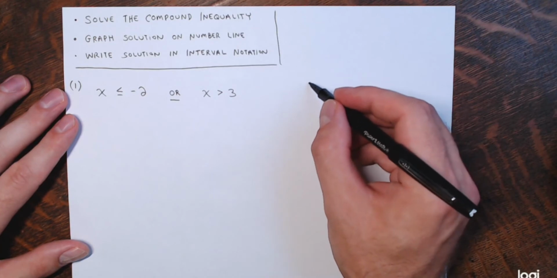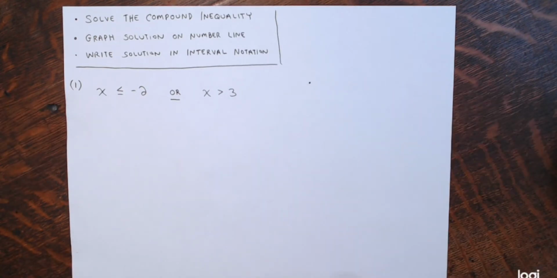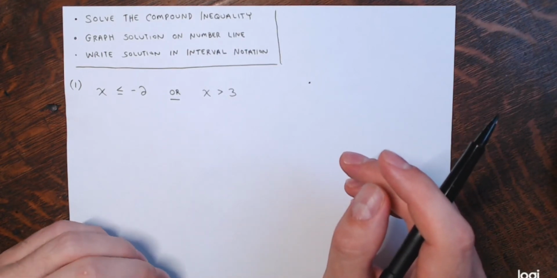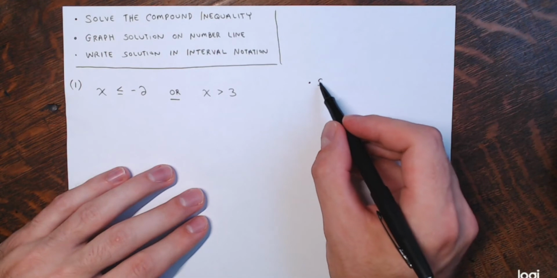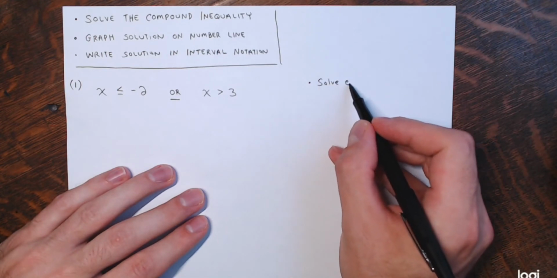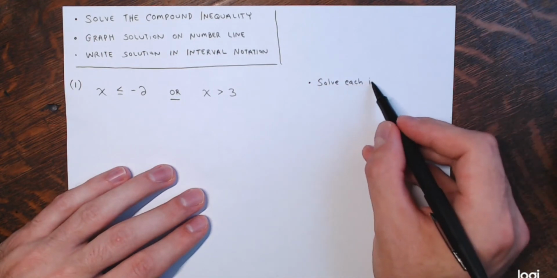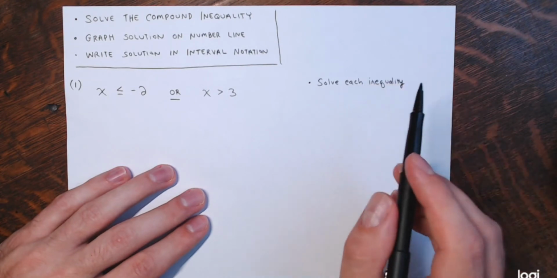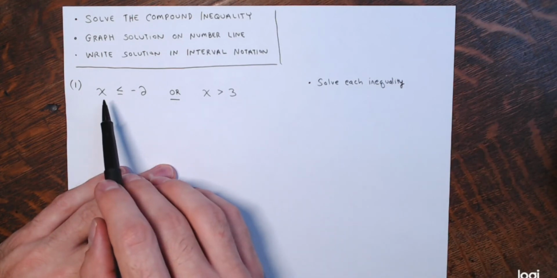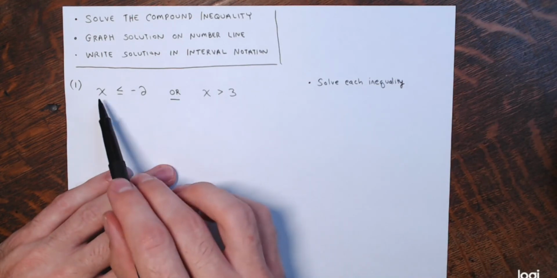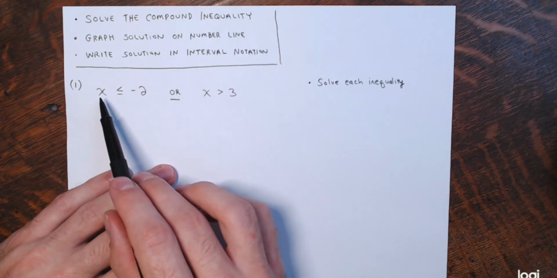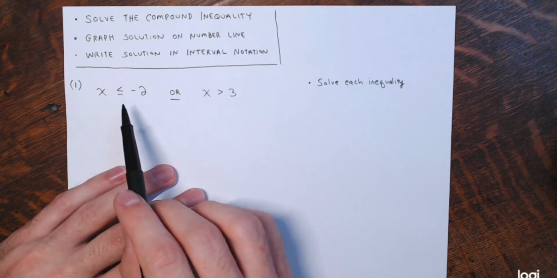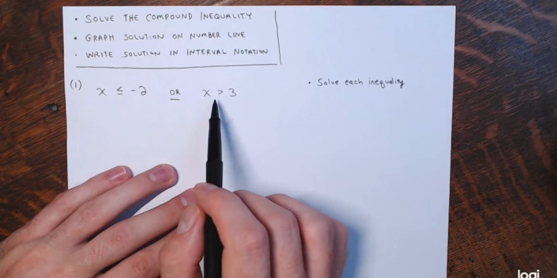Off to the side here, I'm going to write the steps to finding the solutions of a compound inequality like this. First you solve each inequality in the compound inequality, which is already done here. Both of these are already solved. The variable is alone on its own side, and I prefer having it alone on the left side, but whatever you like. So that step's already done.